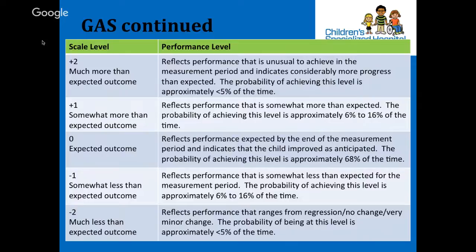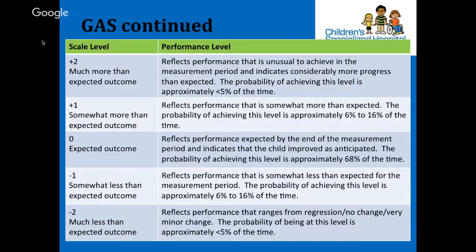So this is the principle of writing and scaling the GAS goal, where the 0 point is our expected outcome. From your 0 point, you're going to write the goal again in +1, +2, which is more than the expected outcome. And you're also going to scale to -1, -2, which is less than the expected outcome.